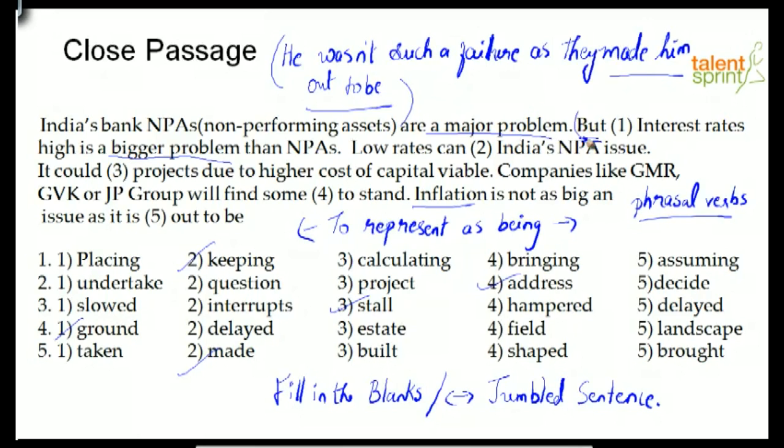So I know that this sentence has to follow the first sentence. So if you have this as A, right? Usually in jumbled sentences we have A, B, C, D, E, F, 5 or 6 sentences all jumbled. So let's say if this was C, you know that C has to follow A because of the keyword major problem.